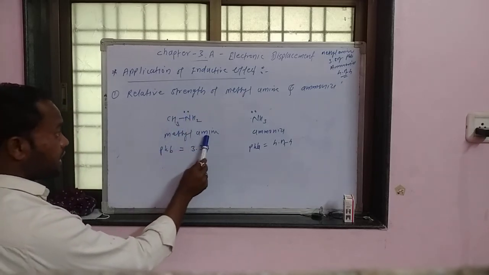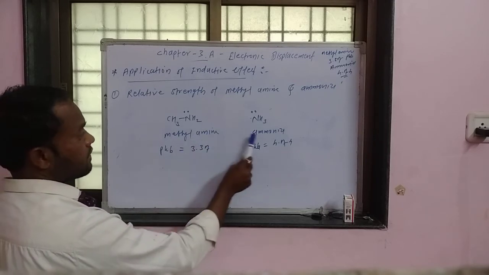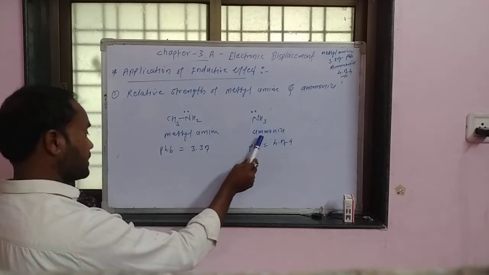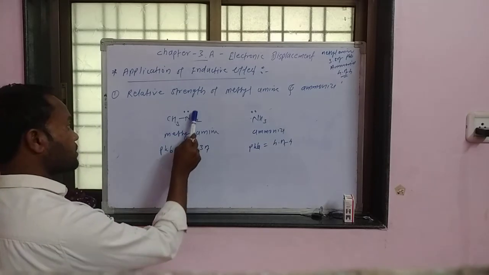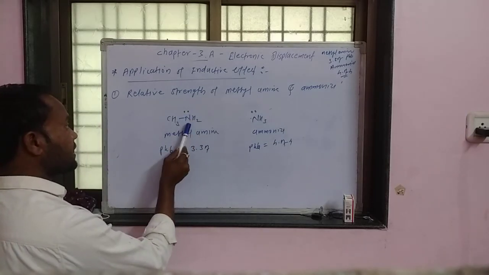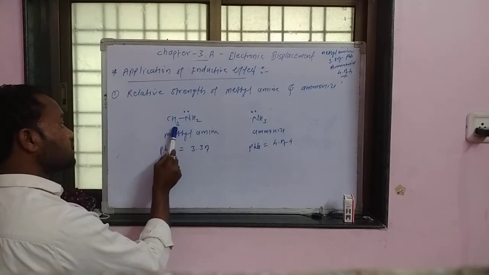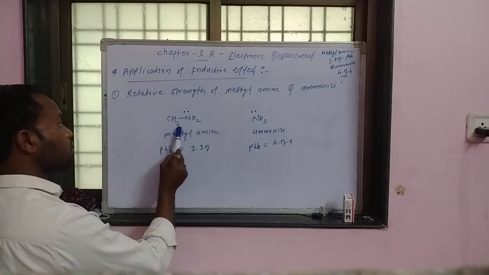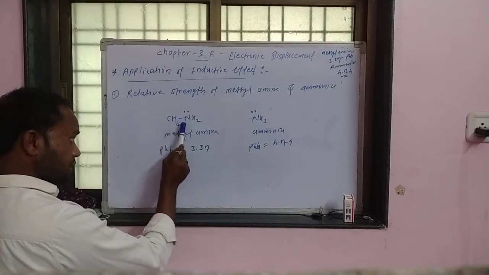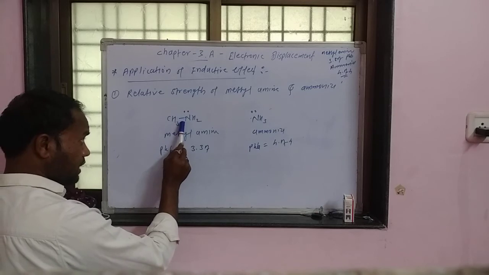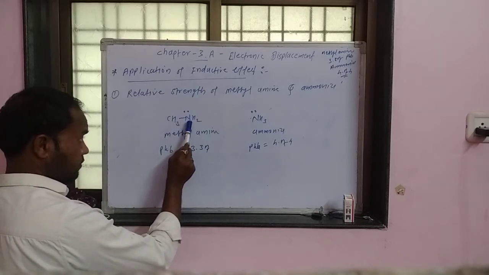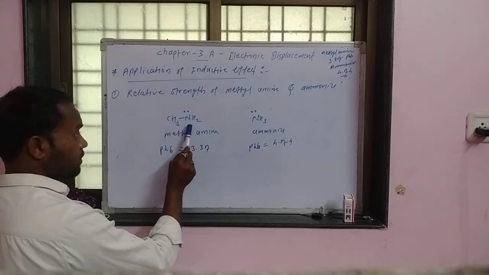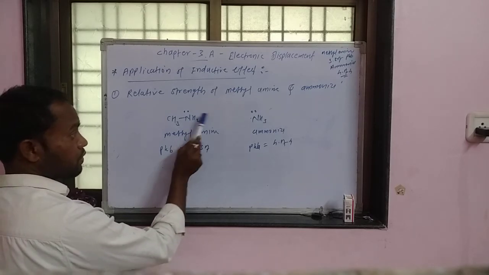Hence, methylamine is a stronger base than ammonia. Here the nitrogen atom with one lone pair is attached to the CH3 group, which is an electron releasing or electron donating group. This increases the electron density on the nitrogen atom and the availability of the lone pair for protonation.